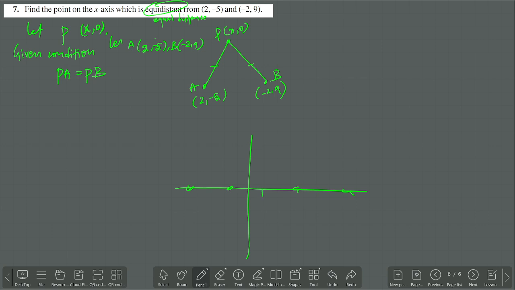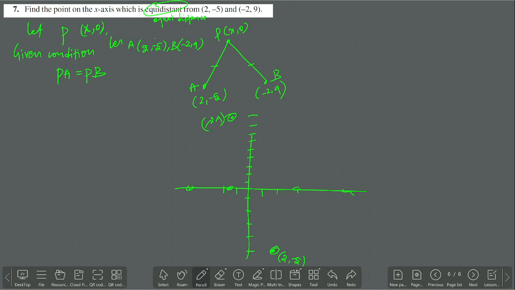Minus 5 means 1, 2, 3, 4, 5, so 2 comma minus 5 will be here, in the fourth quadrant. Minus 2 comma 9: 9 means 1 to 9, so minus 2 comma 9 will be here, in the second quadrant.